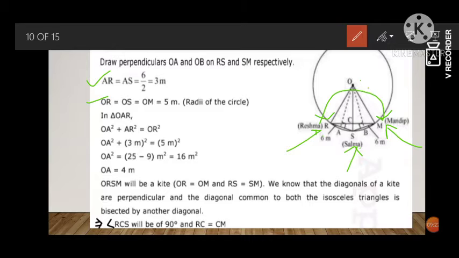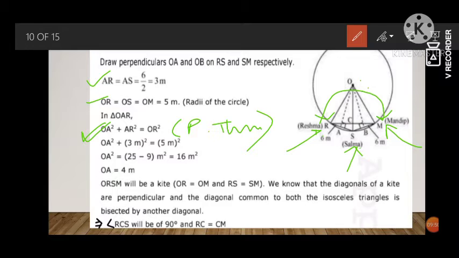Now we get a right angle triangle OAR, as the line from the center is perpendicular to the chord. So we will get OAR as a right angle triangle, and by Pythagoras theorem, OA square plus AR square is equal to OR square.